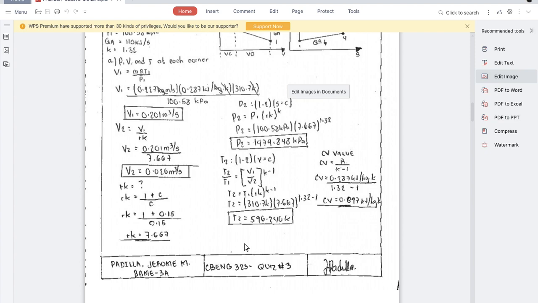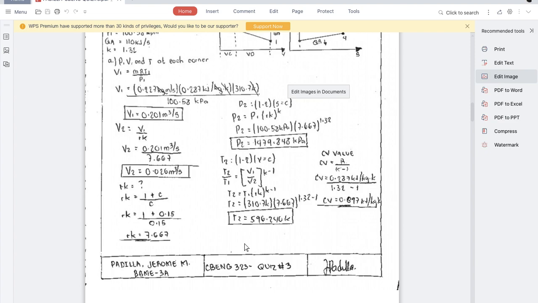So V1 equals 0.227 kg mass per second multiplied by 0.287 kJ per kilogram K and 310.7 K over 100.58 kPa. The answer for V1 is 0.201 cubic meter per second.